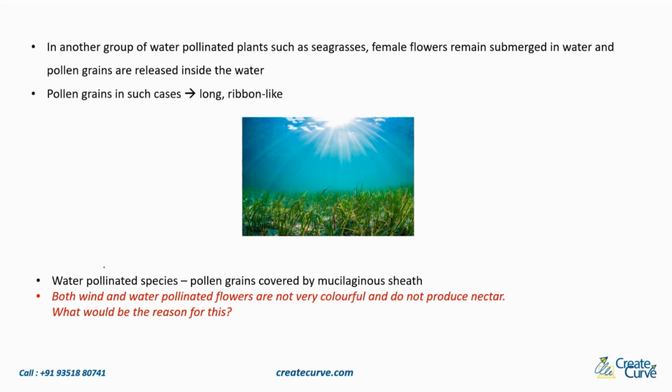Then you have water pollinated species of flowers. Remember that their pollen grains are covered by a mucilaginous sheath. Do you all know what this word means? Mucilaginous or mucilage? Any idea?